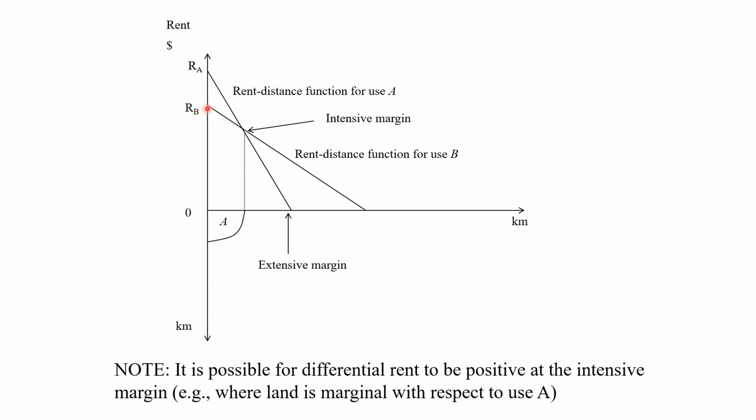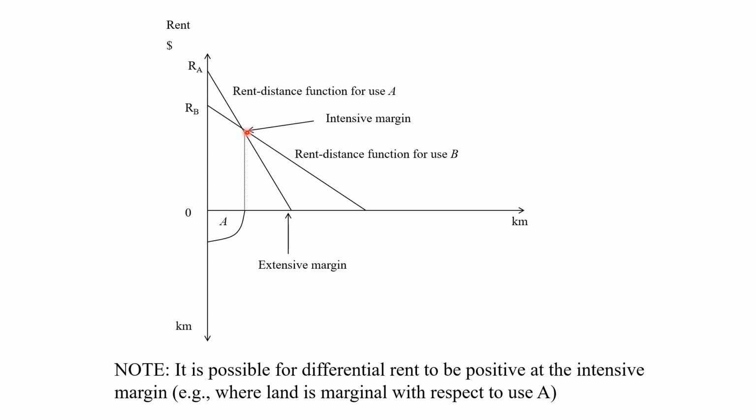You'd produce item A instead of B because at the market, item A would earn you more rent, more profit if you like. But there comes a point here where it switches. Now beyond this point, beyond this vertical line here, if you're further out from the market, you would turn around and produce use B. You'd produce commodity B.